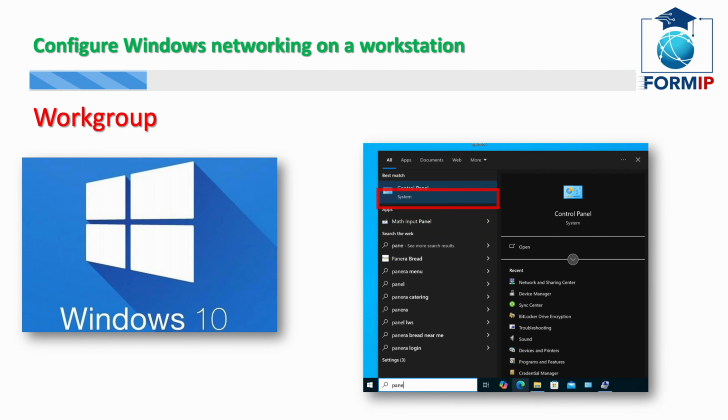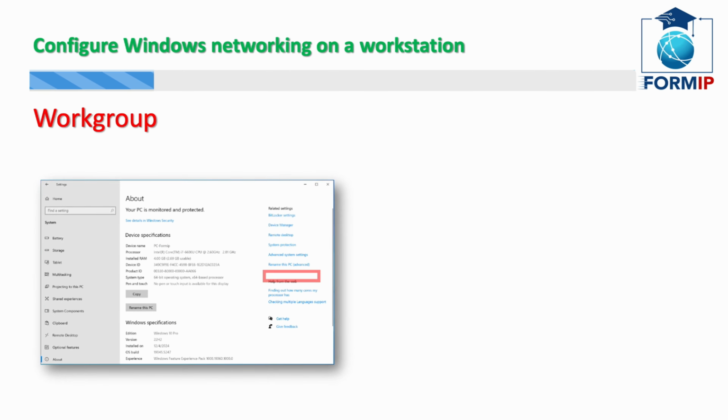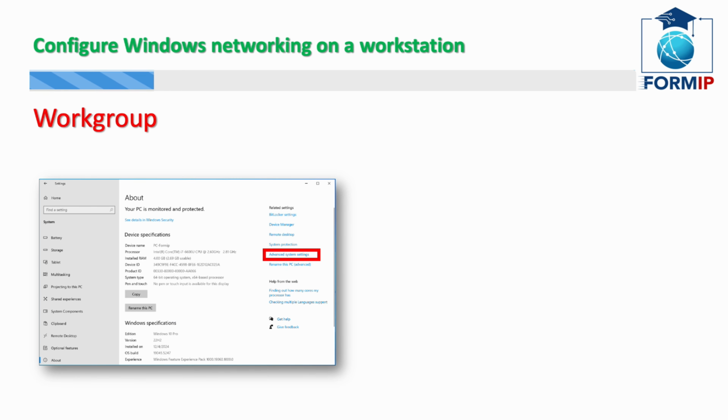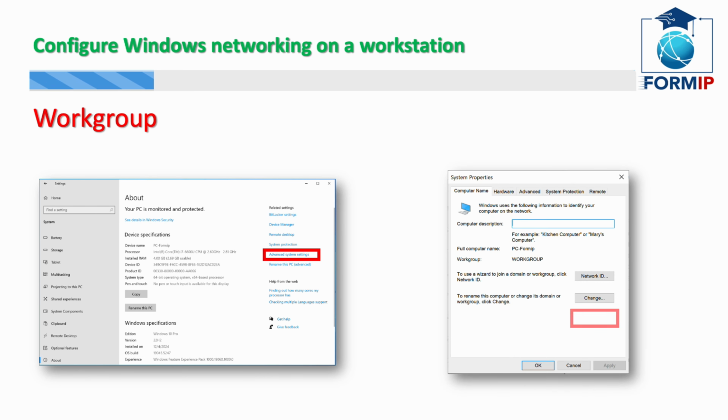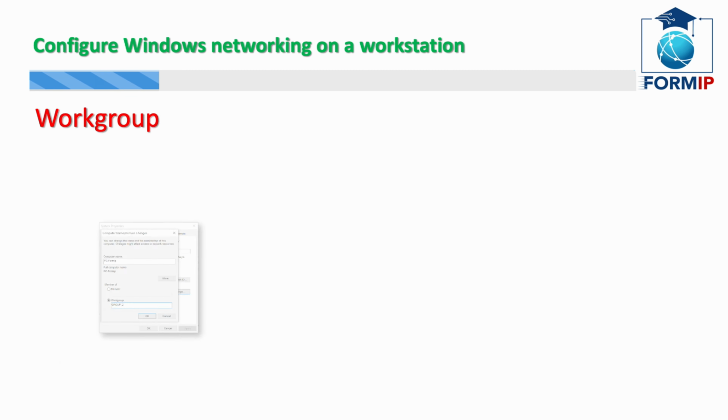Click on the Start menu and type System. Open Control Panel. Next, open the Advanced System Settings. In the System Properties window, open the Computer Name tab and click Change. And in the Change Computer Name or Domain window, this is where you can change the name of the work group to the one you want.